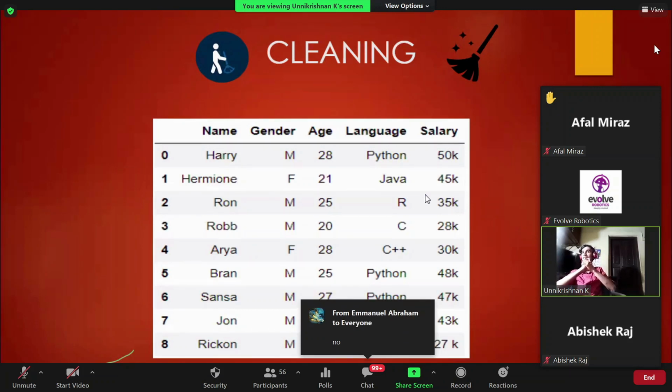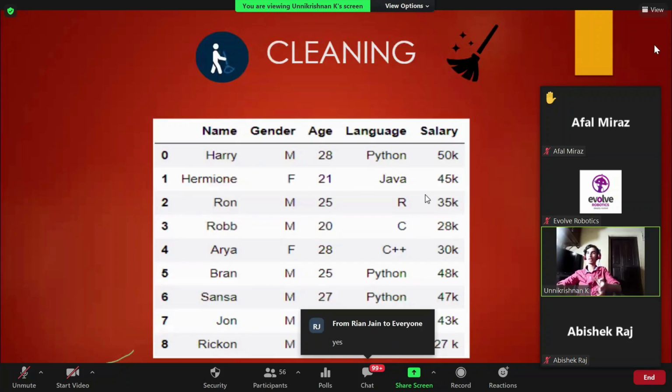Now, what about gender? Do we need to know the gender of the respondent? No, obviously. And is age important? No. What about programming language? Yes, we need programming language. And what about salary? Yes, we need salary also.